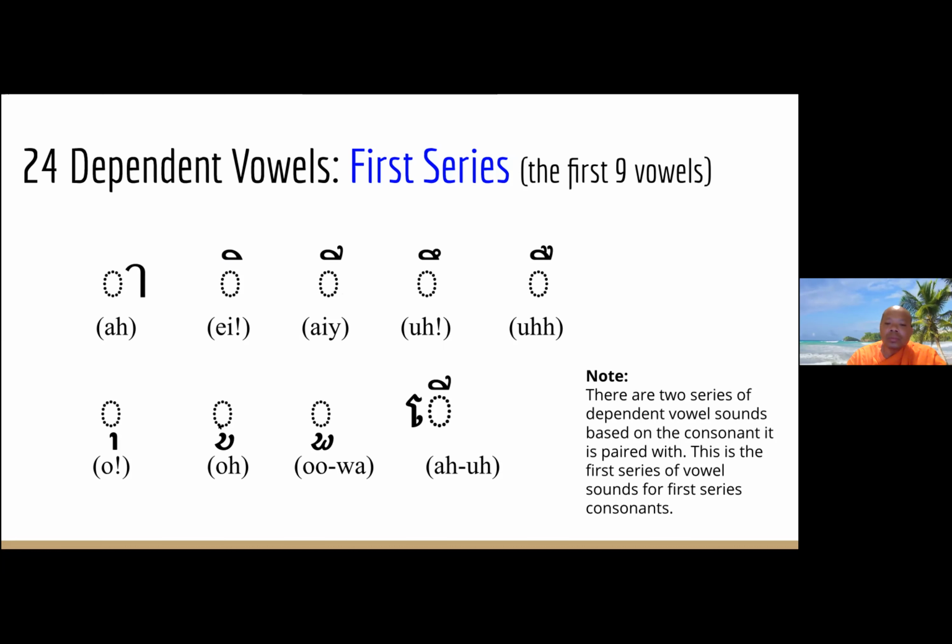Sra O. Stra o like cô, to stir. Cô cà phê, to stir coffee. Cô score, to stir the sugar. When you add the sugar and then we stir it, cô score.